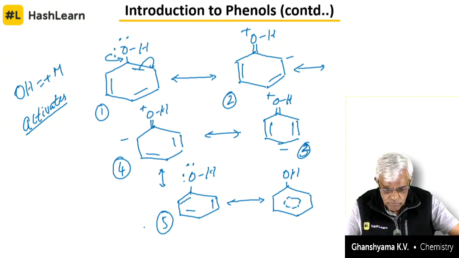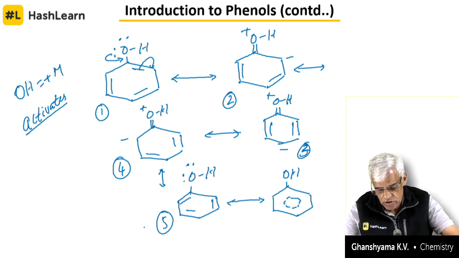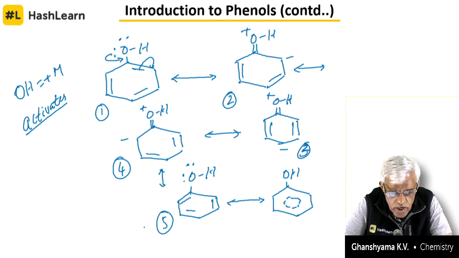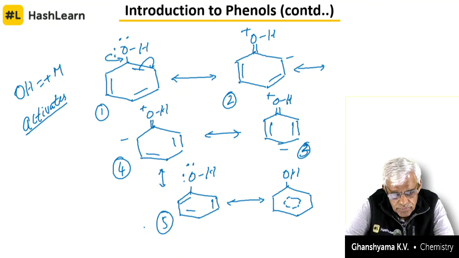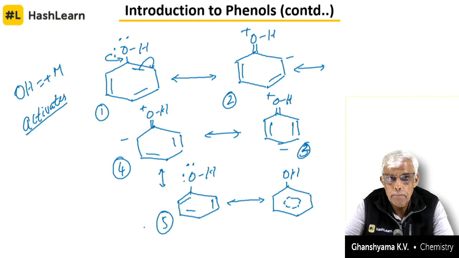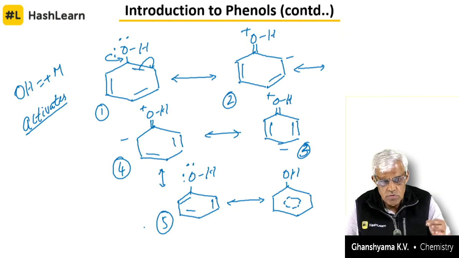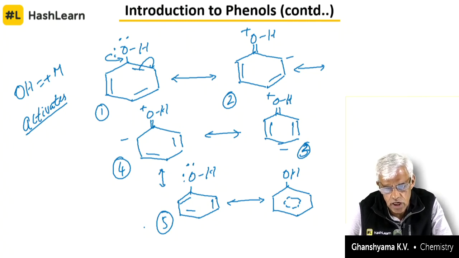Which one or which forms 1, 2, 3, 4, 5 contribute to the maximum extent to the resonance hybrid, and why? Anybody? Raghu, Radhika, Vishwas Gowda, Mansi, anybody who can answer this question? 1, 2, 3, 4, 5 resonating structures are there for phenol.